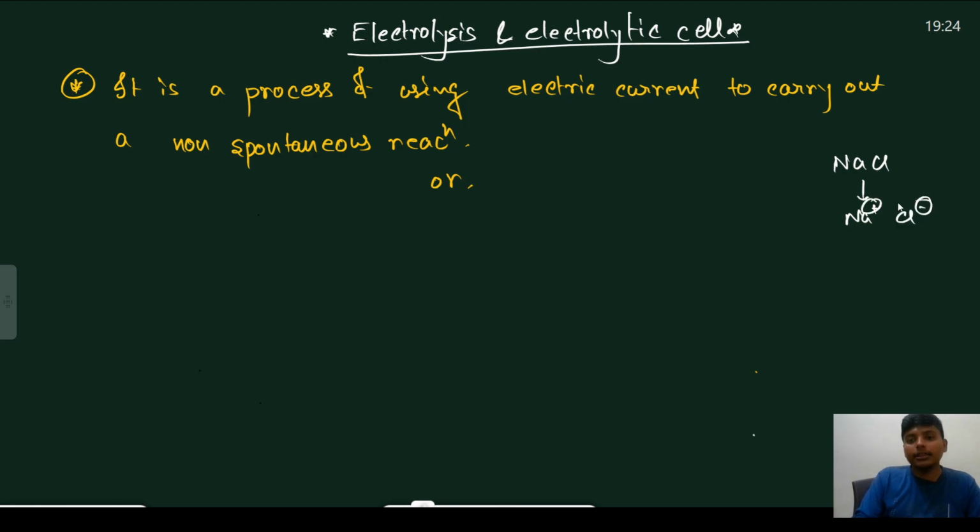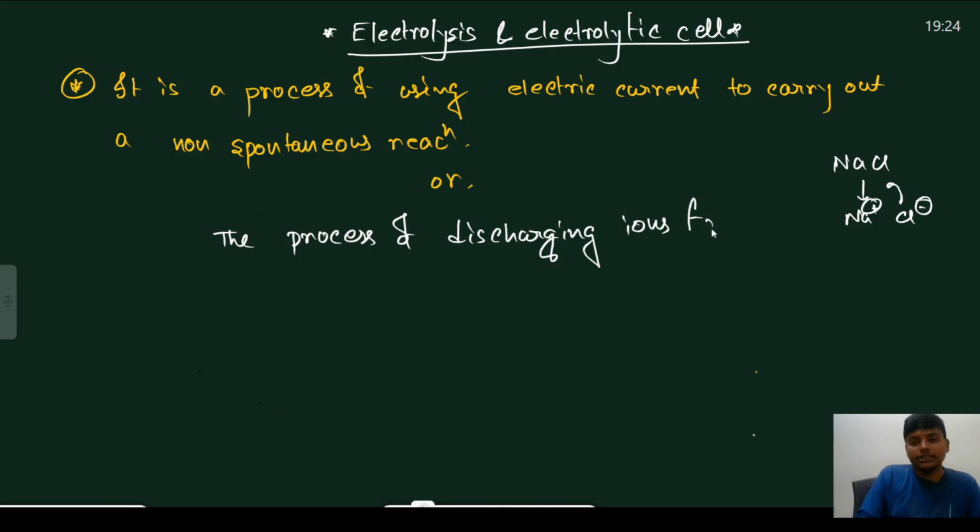Again we wanted to make them together, then we have to use electrolysis. So electrolysis means the process of discharging ions from its electrolytes. Clear? Understood? Yes or no?